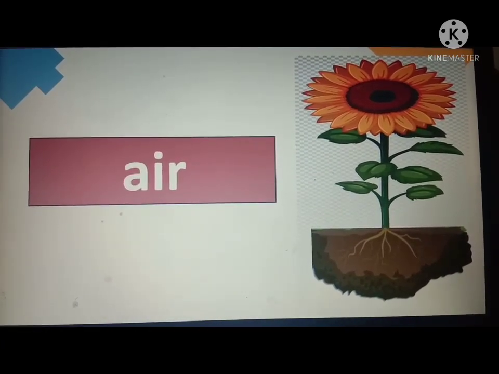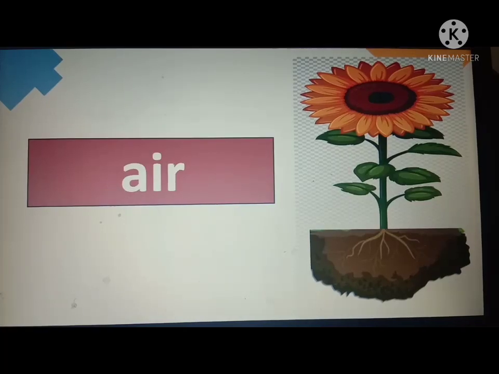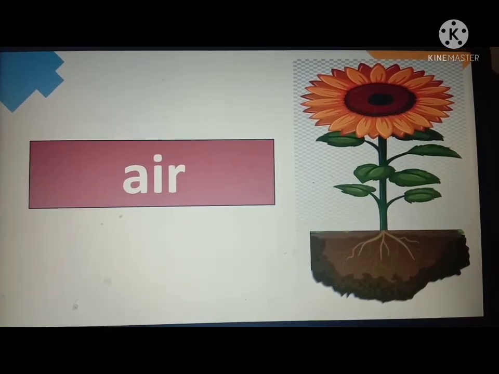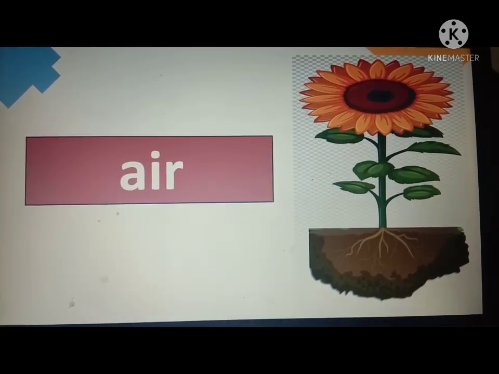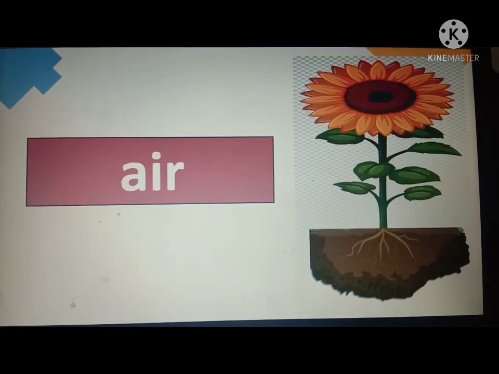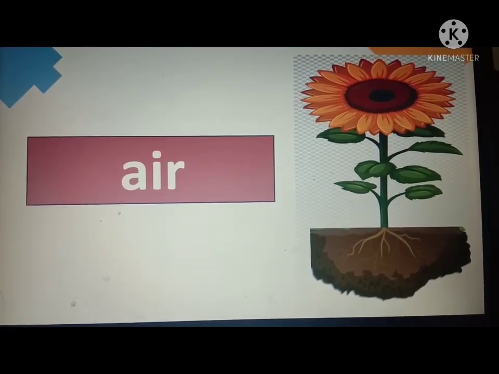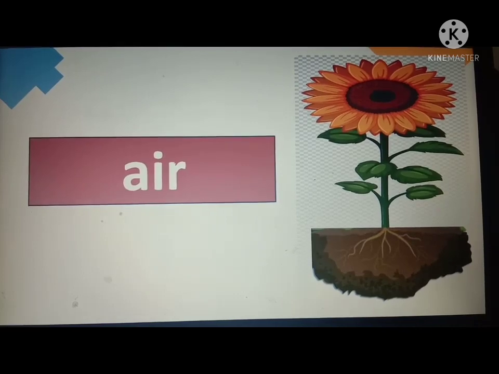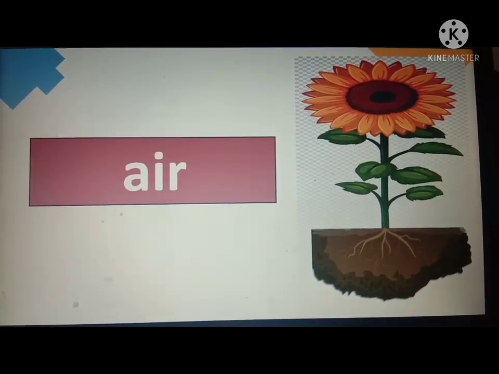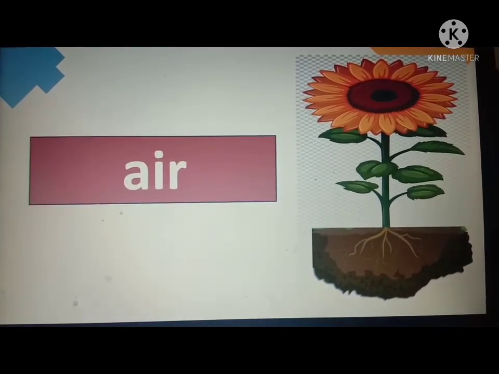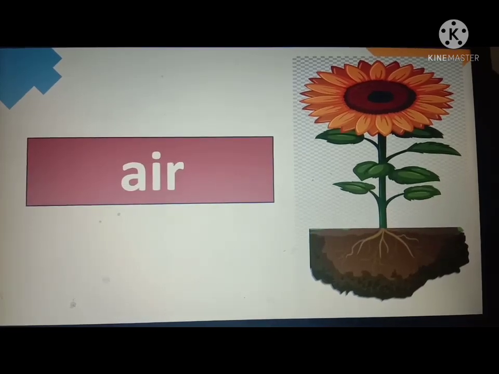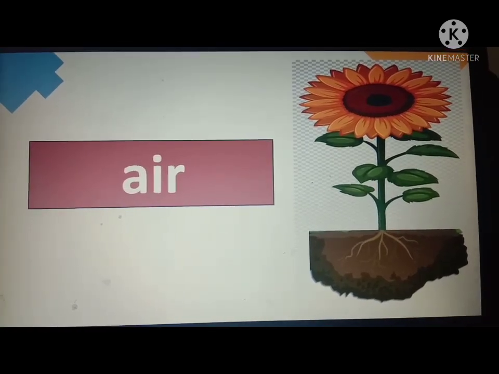Like us, plants also need air for their growth. Plants take carbon dioxide gas from the air and use it for making their food and release oxygen gas into the air.